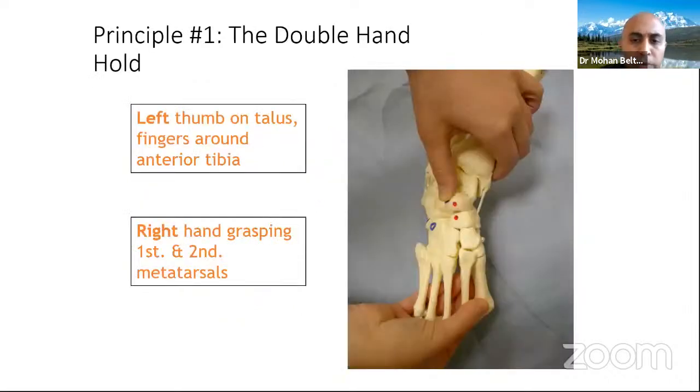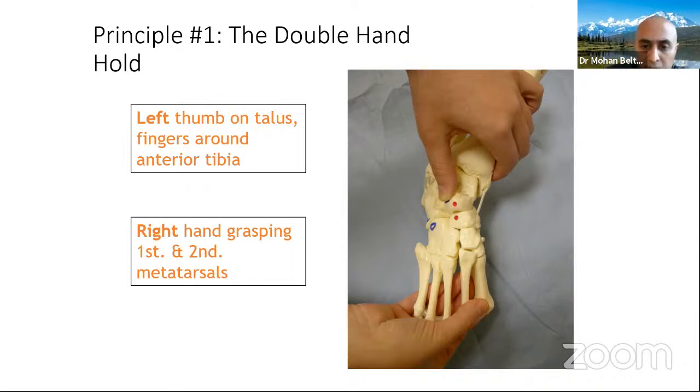So now coming to the position of how we do the manipulation and the casting. There are a couple of important positions. Like I said, this is a two-handed manipulation technique where one hand rests on the lateral talar head, the thumb rests on the lateral talar head, and notice that the other fingers are encircling the leg anteriorly, not posteriorly, where you may run into the problem of blocking the calcaneus from moving underneath the talus.